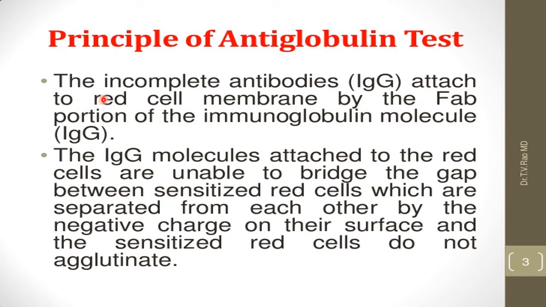The principle says that the incomplete antibodies, usually IgG, an incomplete type of antibody, attach to the red cell membrane by the FAB portion of the immunoglobulin molecule. The IgG molecules attached to the red cells are unable to bridge the gap between the sensitized red cells, which are separated from each other by the negative charge on their surface, so the sensitized red cells do not agglutinate.